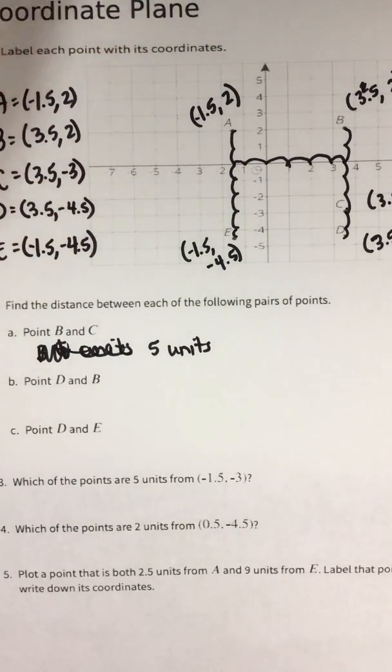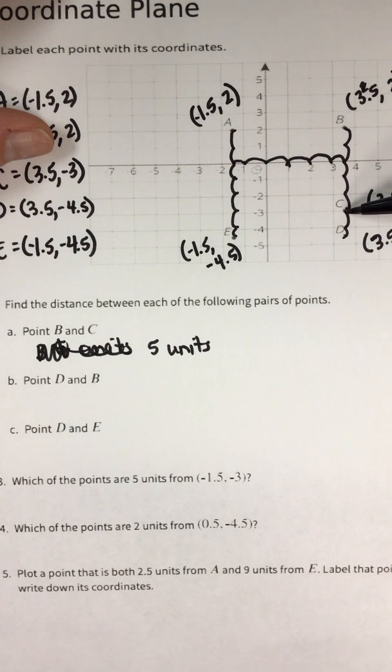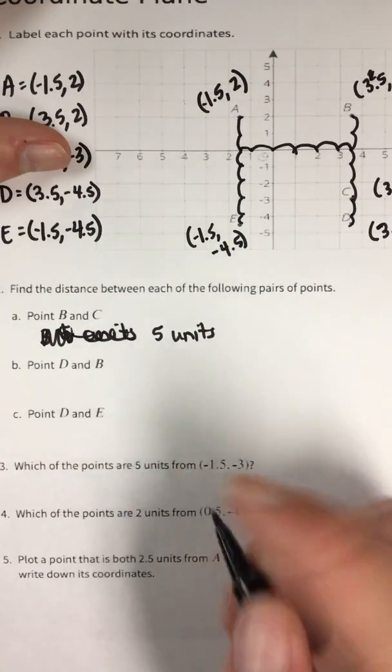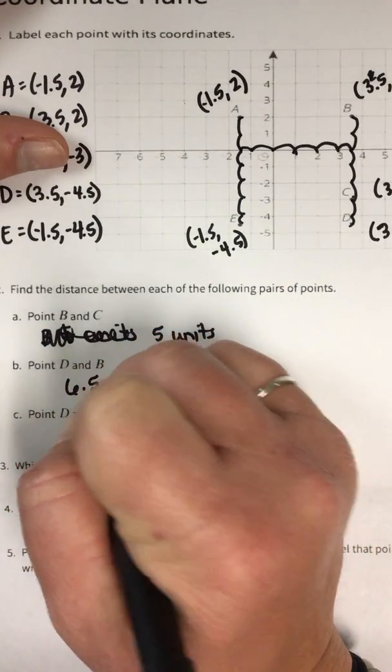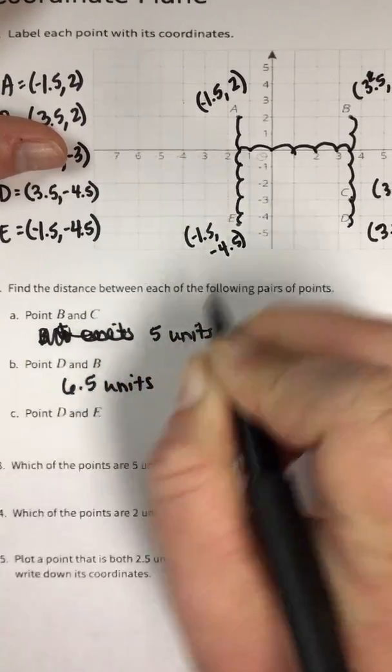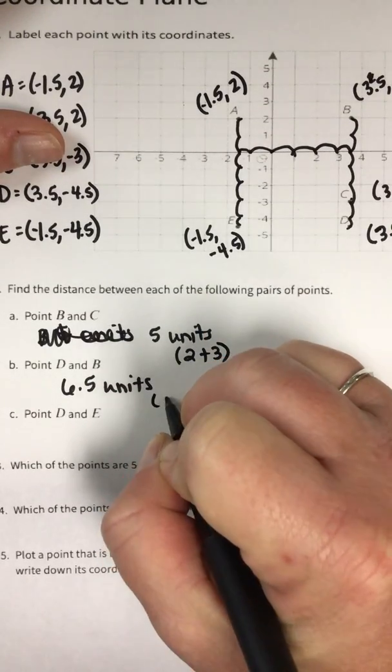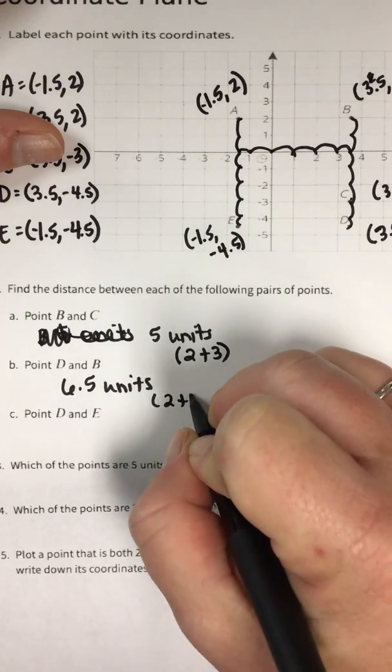All right, points D and B. Well, if it's 5 units to go to C, just do another 1.5. So it's 1, 2, 3, 4.5 plus 2 would be 6.5 units. Just so you know how I'm getting this, I'm doing 2 plus 4.5.